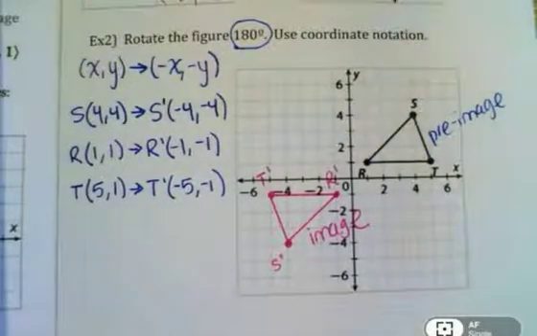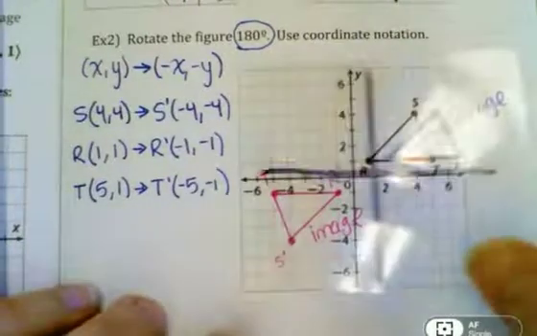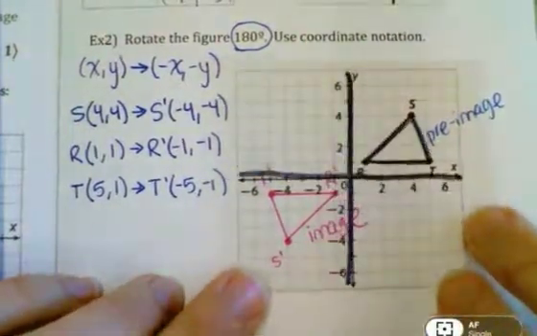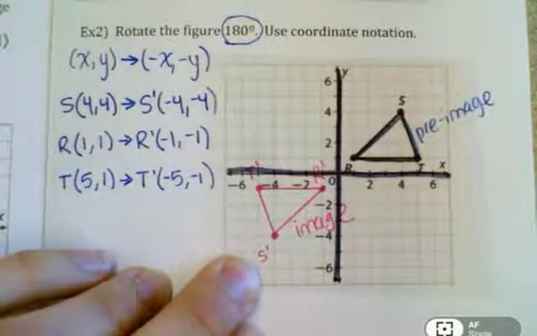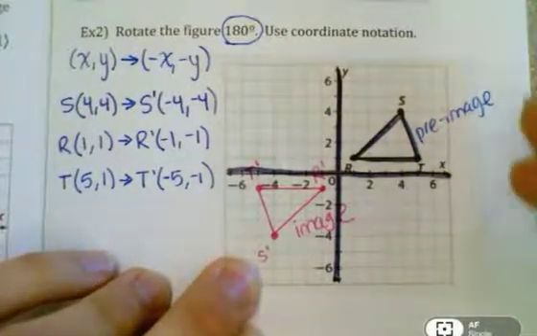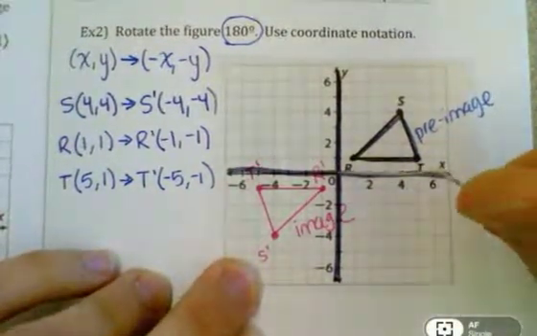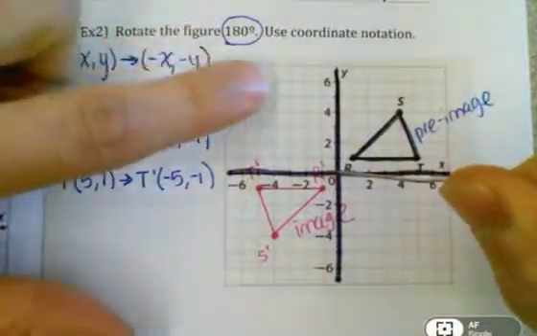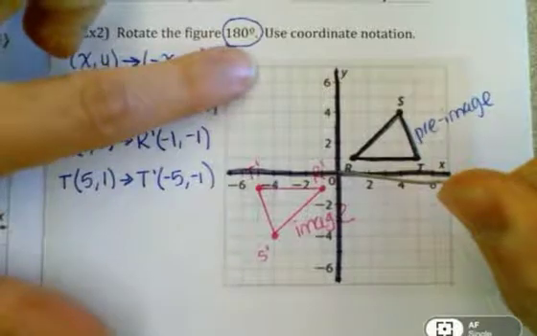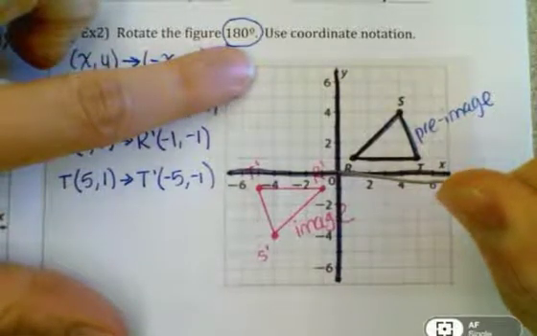And then I'm just going to check it using my fancy transparency again, just so I can prove to you that this is a rotation of 180 degrees. So there's my pre-image, and here's my fancy paper clip, and we're rotating around the origin, so I'll poke it in, and I'm going to turn 180 degrees, so that's 90 plus 90 more. And it doesn't say which direction, that's because it shouldn't matter.